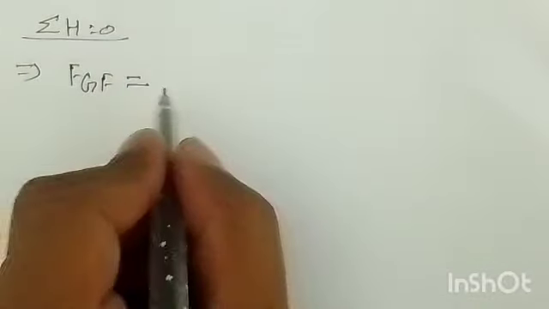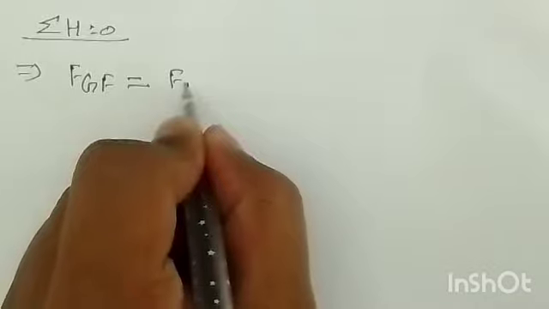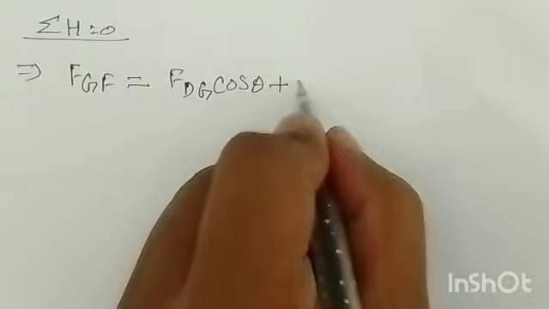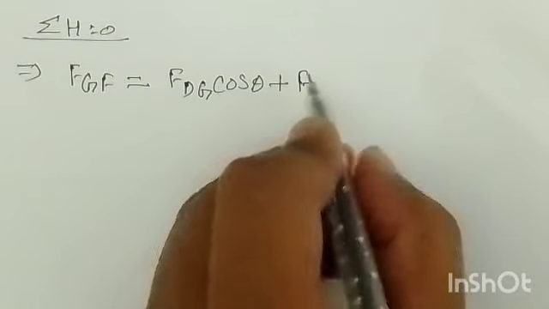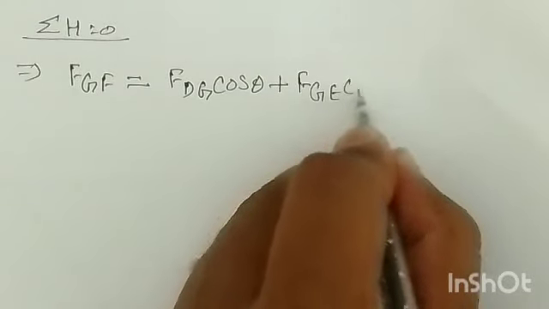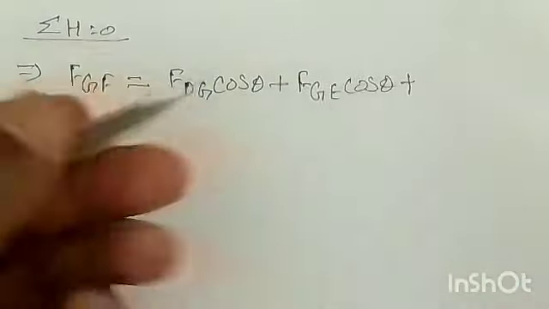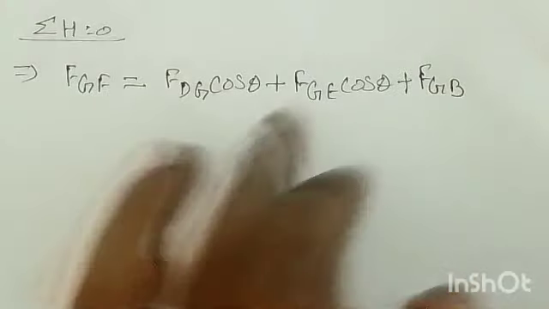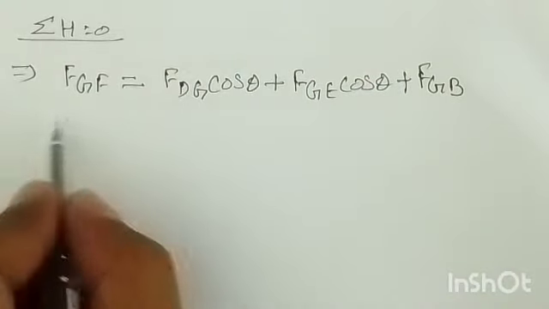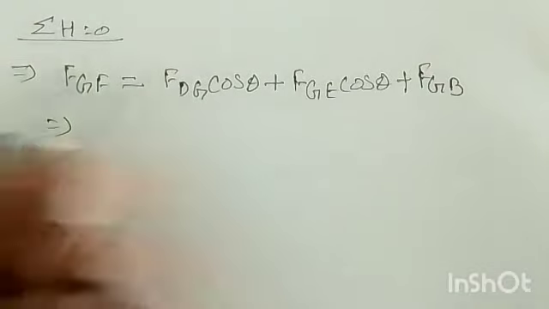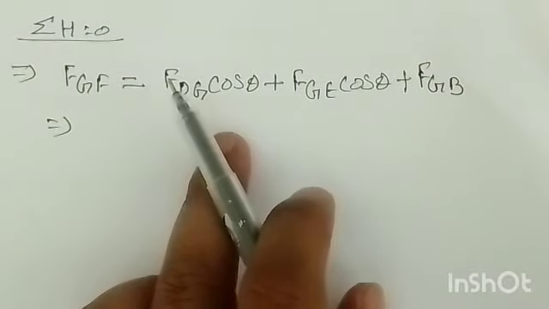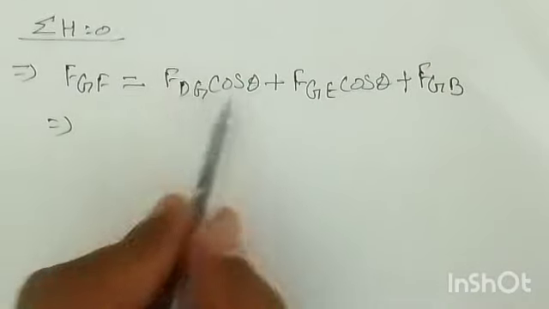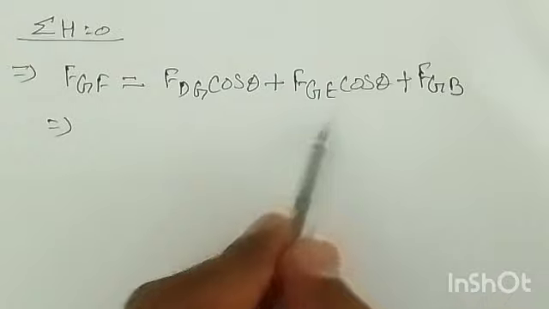So this is the F_DG horizontal component, cos theta, plus F_GE cos theta, plus that horizontal force itself, that is F_GB. We have to calculate F_GB actually. These two will come to this side, but before that, F_DG is equal to what? F_DG is 0, so this will become 0. So only we need to bring it to this side.